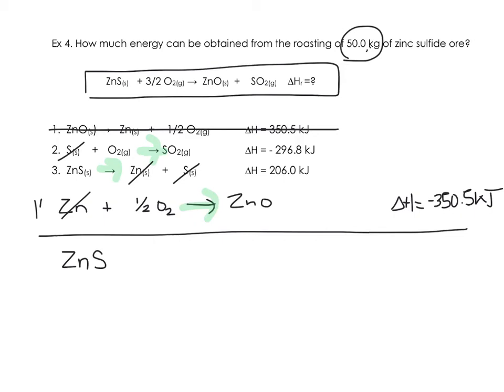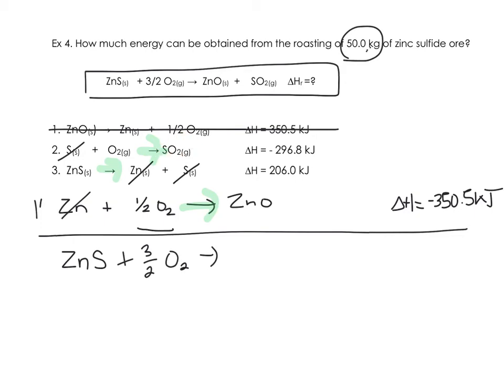So basically what we have on the left is a half O2, and we have 1 O2. Another way to write 1 is 2 over 2. So if you have 2 over 2 and 1 over 2, we now have 3 halves of oxygens. We've got 1.5 oxygens. And on the right hand side, we have SO2 here.